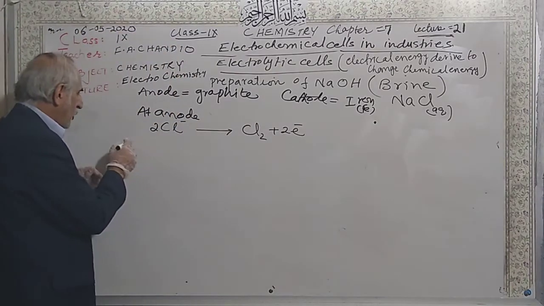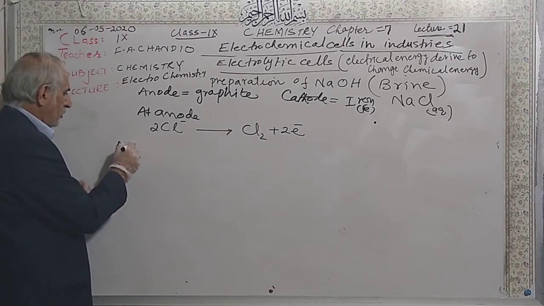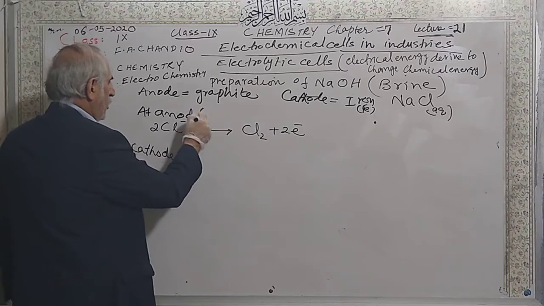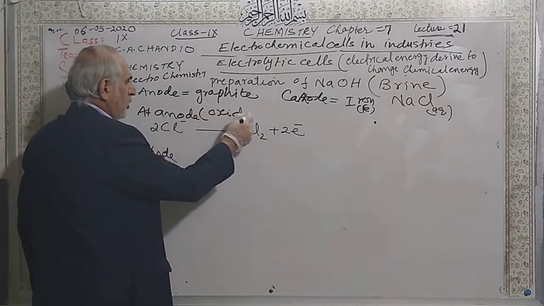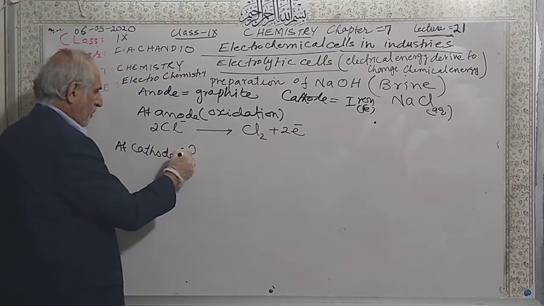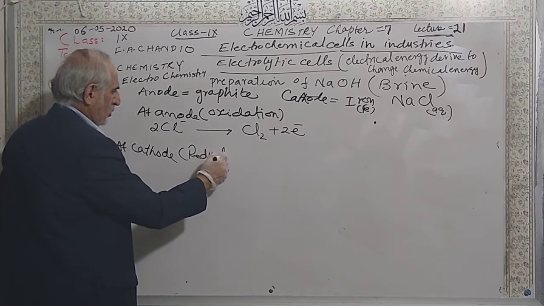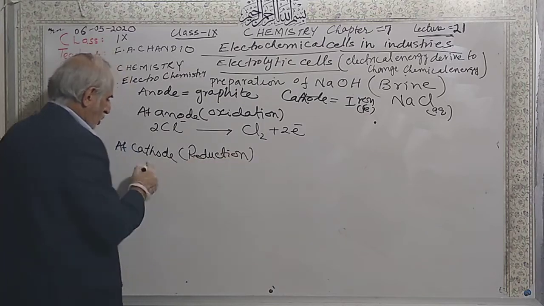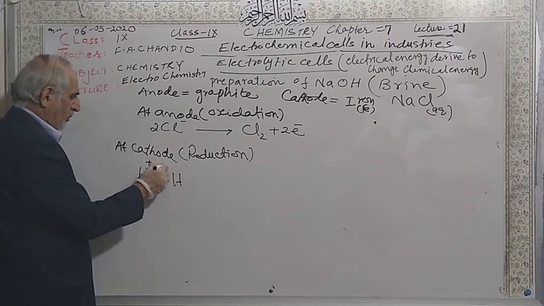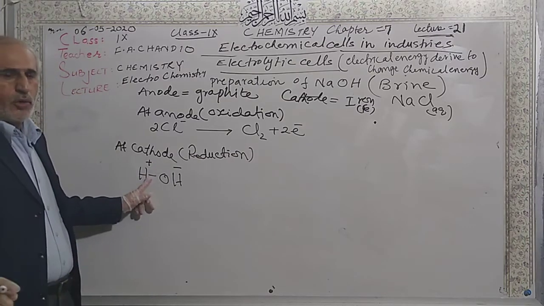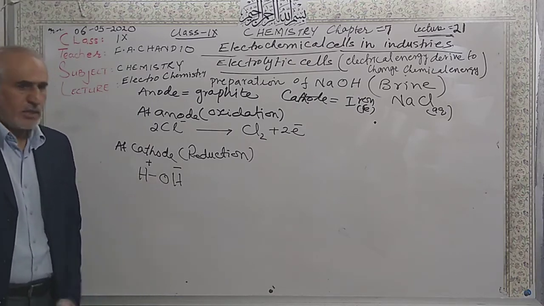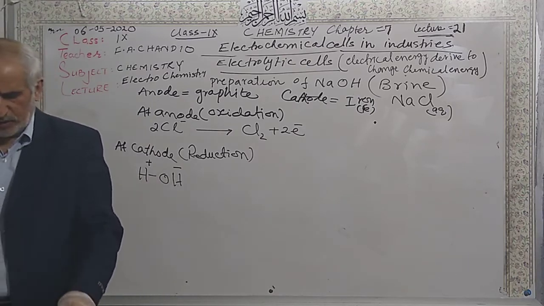So at the anode there is oxidation and at the cathode reduction. So what do you write in this form? This is the covalent bond between the hydrogen and OH ions. This water is going to be reduced here.